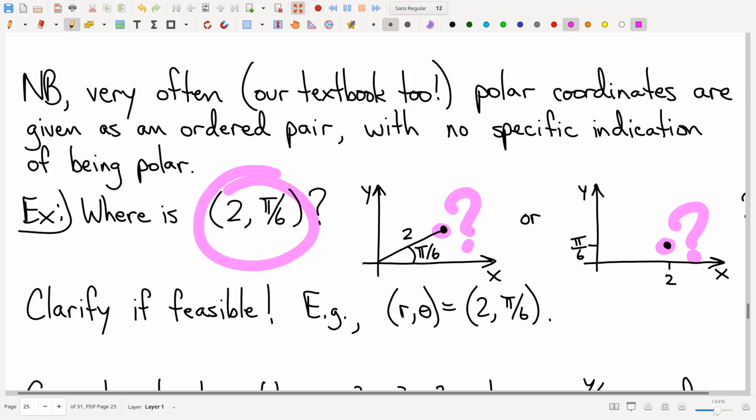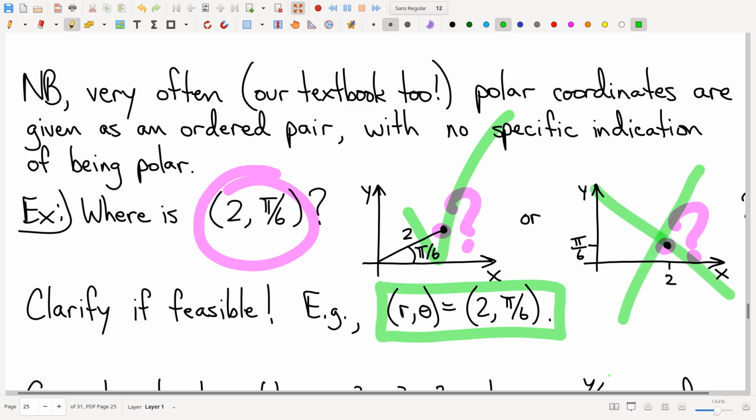Right? So this is just a heads up. Notice how easy it is to clarify if you just write r comma theta equals 2 comma pi over 6. Now, it definitely is a reference to that, and it's definitely not a reference to that. So let's keep that in mind. Right? It's easy to do, easy to fix. Try not to be ambiguous in your work.